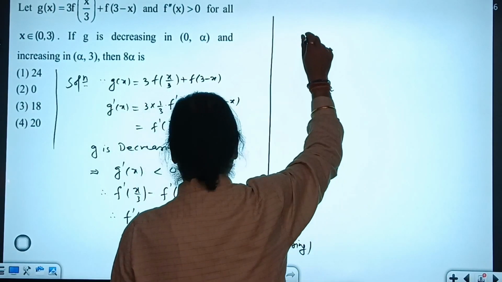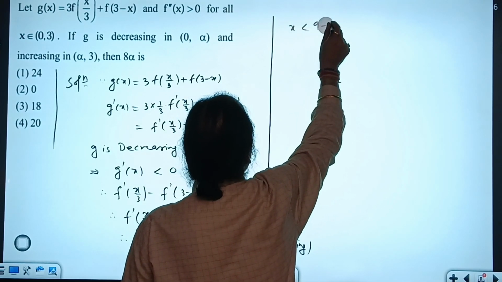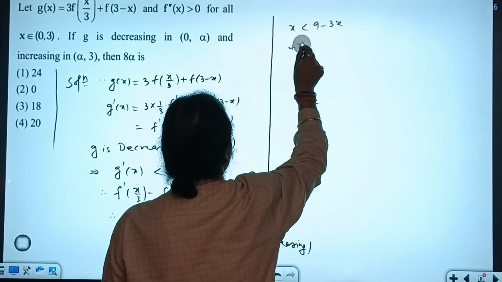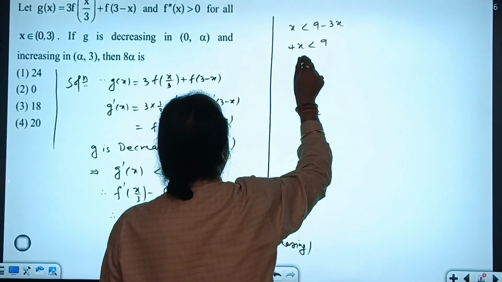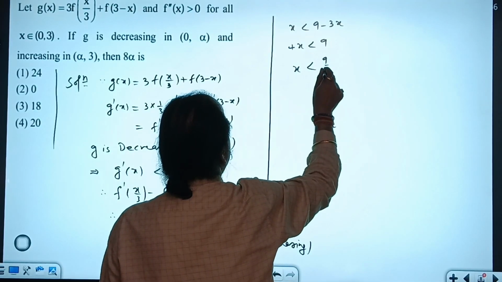Therefore, x is less than 9 minus 3x. So 4x is less than 9. X is less than 9 by 4.